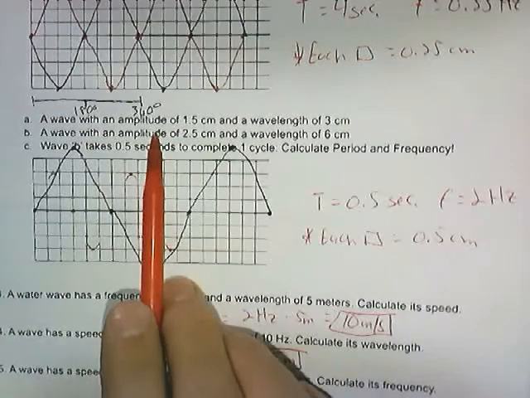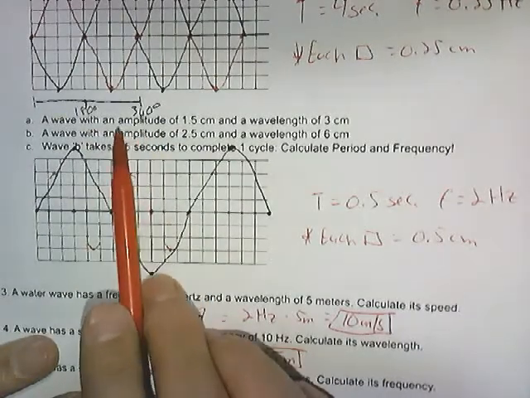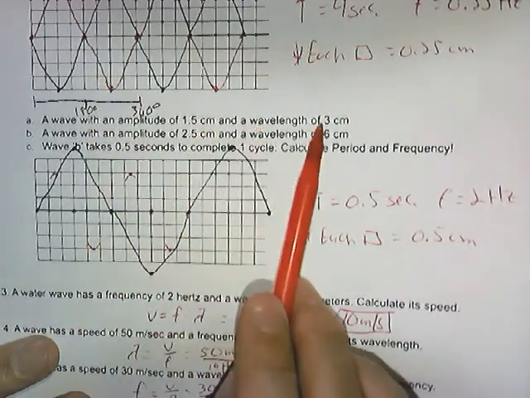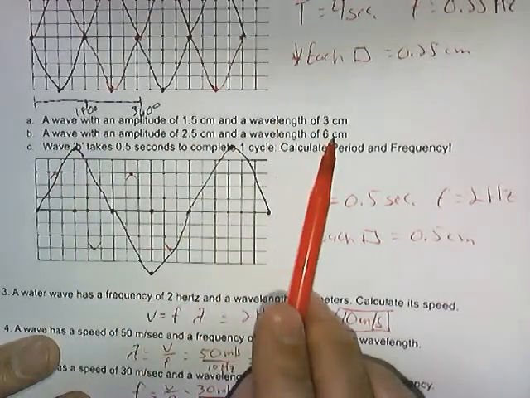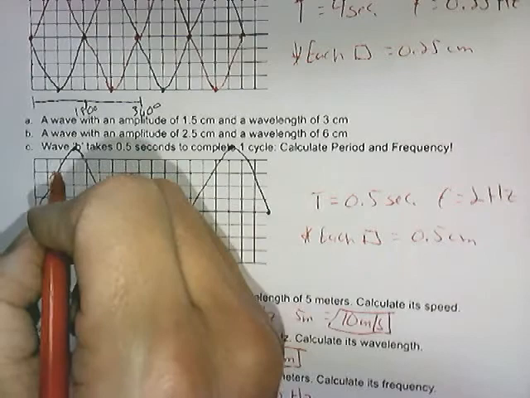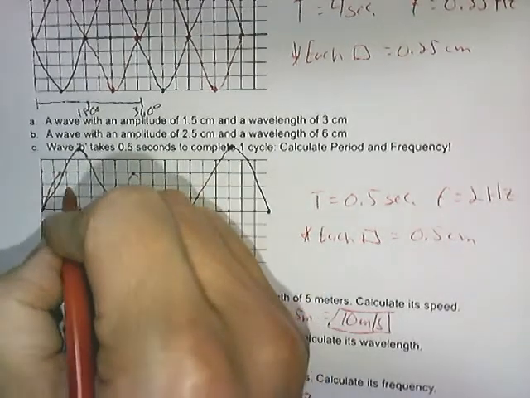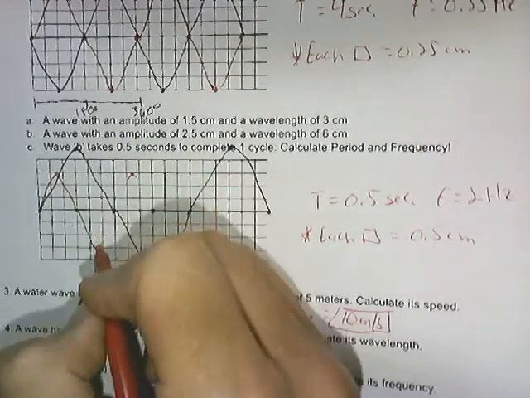So the first one has a wave amplitude of 1.5 centimeters and a wavelength of 3 centimeters, and a wave of an amplitude of 2.5 centimeters and a wavelength of 6 centimeters. So I actually did these out of order, but it's not the biggest deal. I'm just showing you how to draw both of them.